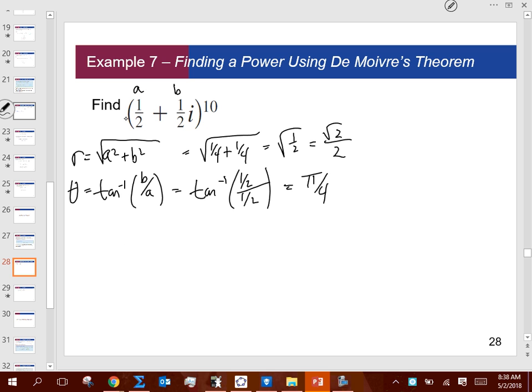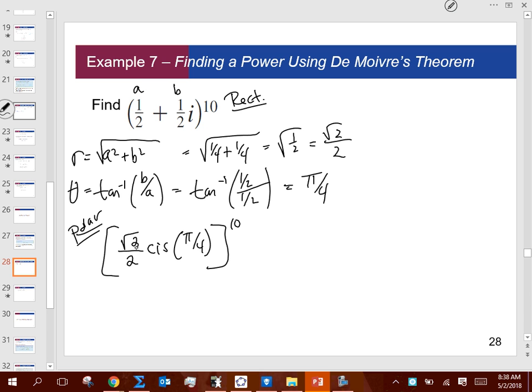So now I know that what this really looks like, instead of 1/2 plus 1/2 i raised to the 10th in rectangular form, we can rewrite this as r cis pi over 4 raised to the 10th power in polar form.